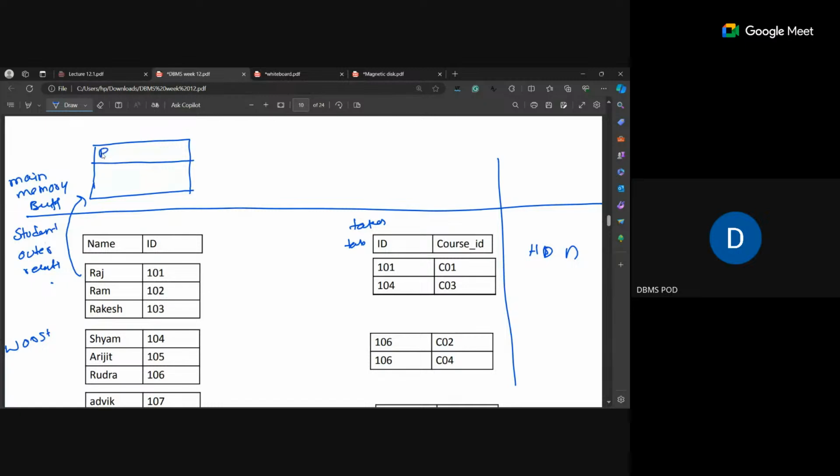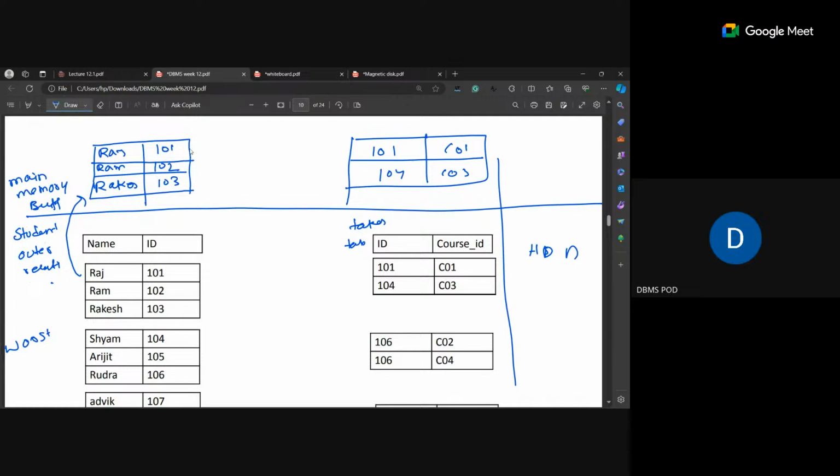This is called Raj, this is Ram, and this is Rakesh. These are 101, 102, 103, and on the other side 101, C01, 104, C03. So only one block of each relation can occupy the main memory, right?